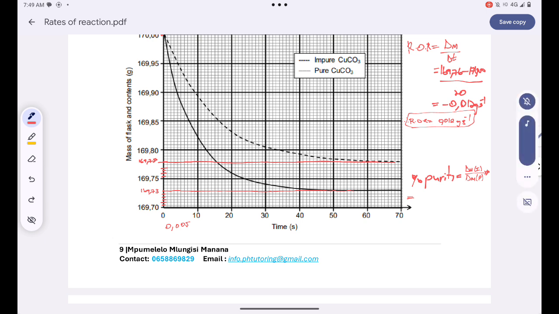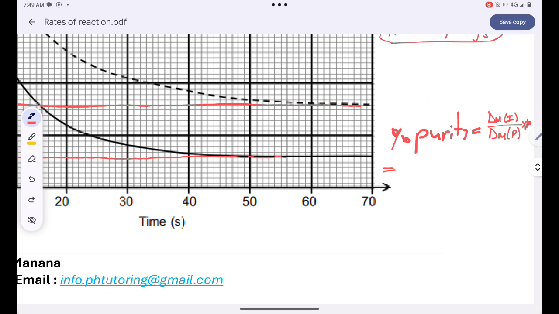Then for me to calculate my percentage purity, I'll simply say the change in mass of the impure solution, that's 169.78 minus the initial mass, which was just 170.00, all over 169.73 for the pure solution, minus 170.00, times 100.